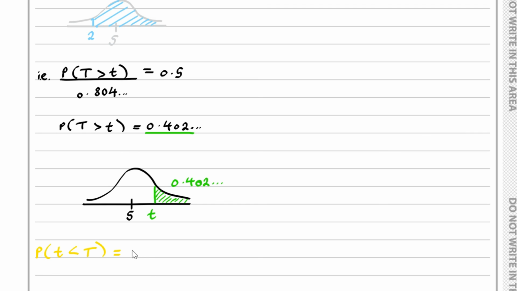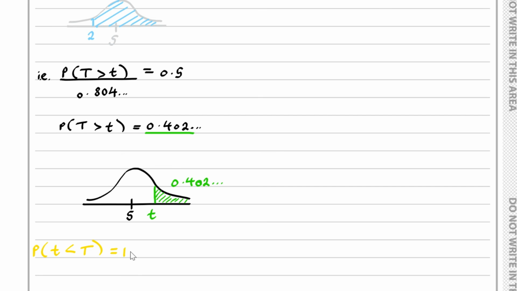And this bit over here is going to equal 1 minus this.